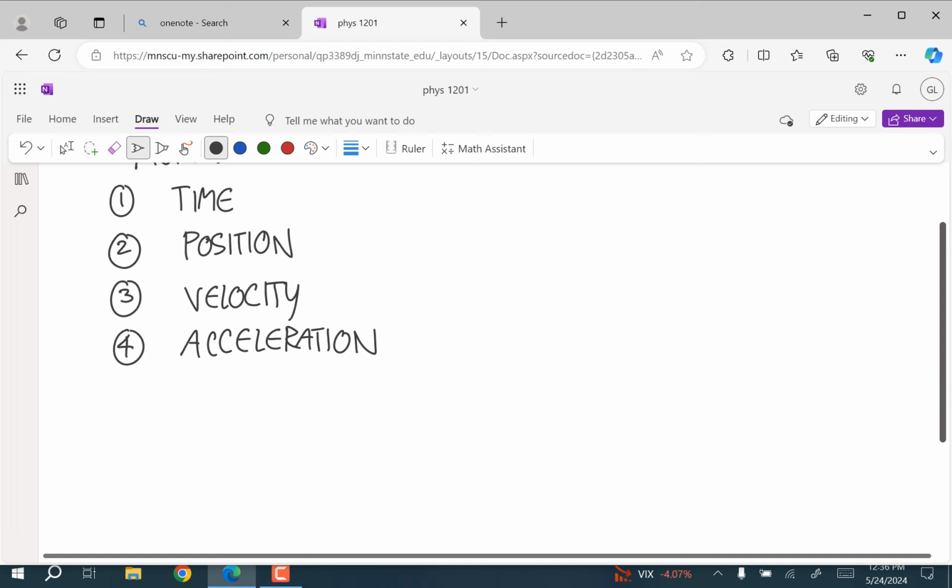And then once we've gotten through those, we'll go on to talking about an object's mass. And then we'll talk about forces. And we're going to put all these things together with derivative relationships and other equations.